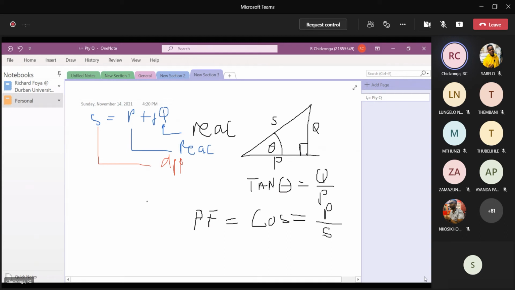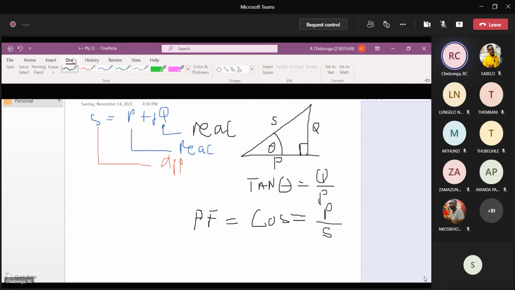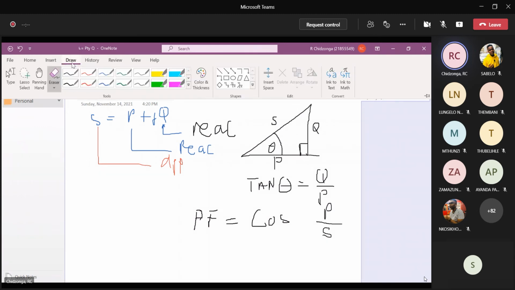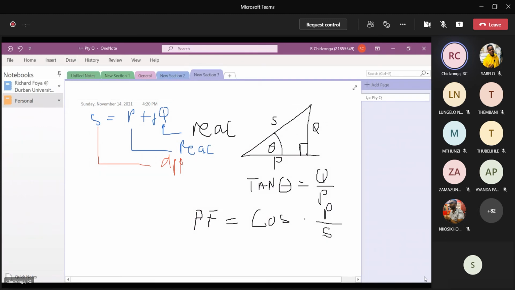Now, we explained the need to have power factor as close to 1 as possible, right? Because if the power factor is as close to 1 as possible, then it means most of the power that we are generating is actually used to give useful power, the real power.